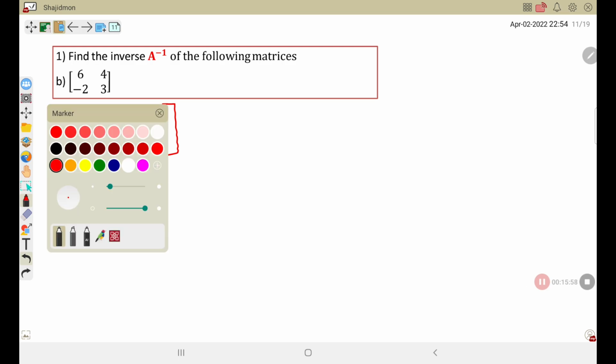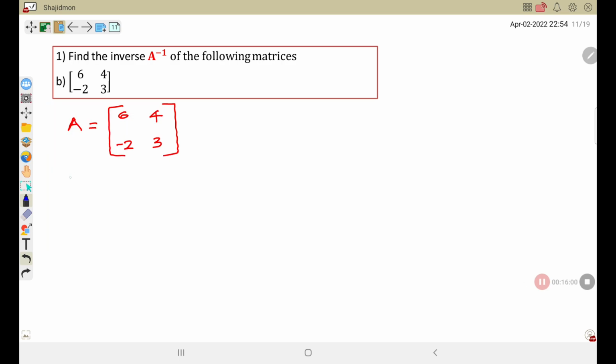As I told you, first find the determinant of A. Determinant of A equals main diagonal numbers multiply, 6 multiply 3, minus off diagonal numbers multiply, 4 multiply minus 2.